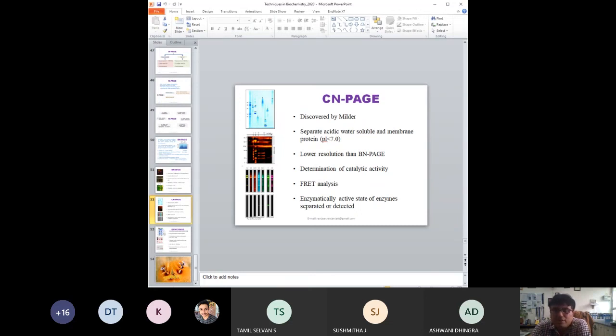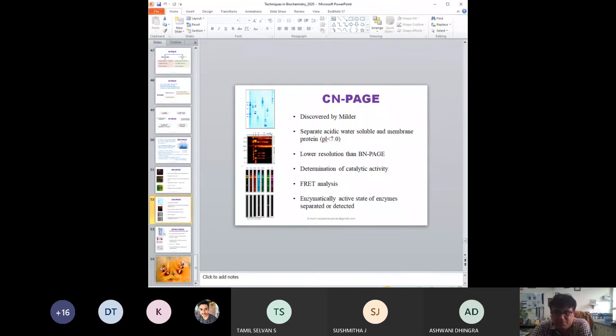It has a lower resolution than blue native PAGE. If you compare CN-PAGE with blue native PAGE, in case of blue native PAGE the resolution is high as compared to clear native PAGE. And as the term suggests, clear native means here we are not using Coomassie brilliant blue dye as in case of BN-PAGE. This CN-PAGE was basically discovered to determine the catalytic activity of the protein molecule on the gel.